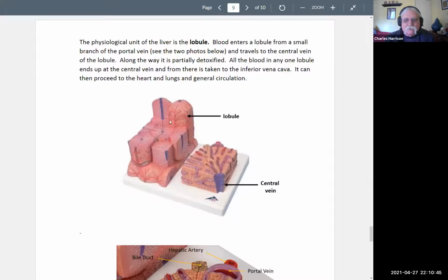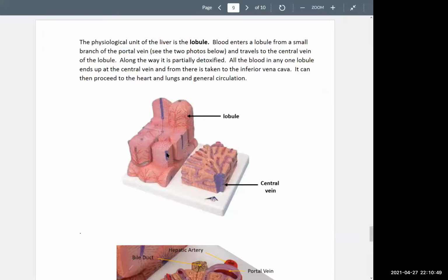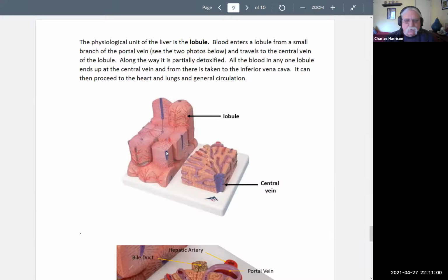When you cut it, like this one over here, now let's use this one here. You notice there's a vein in the middle. It's called the central vein. This one's quartered and enlarged here, the central vein.